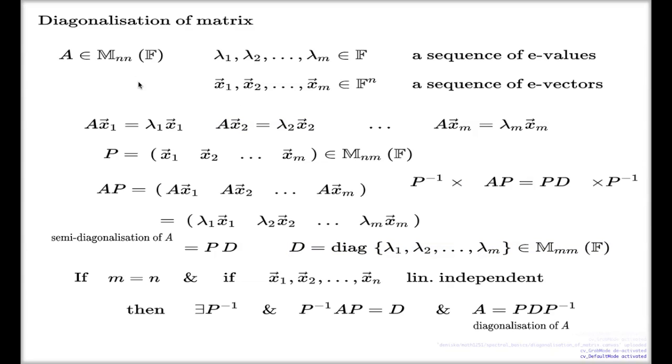So in your case, I suspect every example will be well diagonalizable, and your job will be to find that diagonalization. And when I say find that diagonalization, it means that you need to identify the P matrix and the D matrix so that either this or this is true.